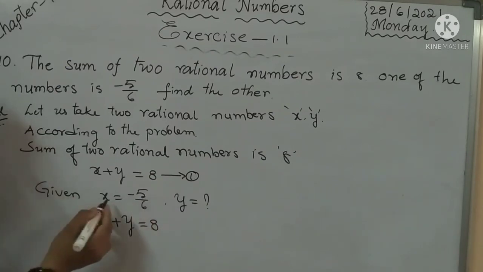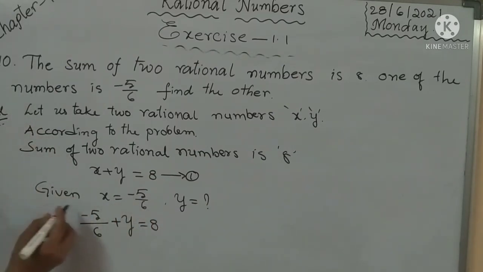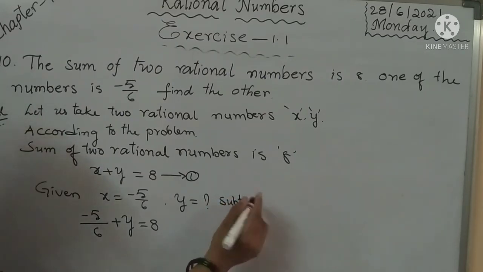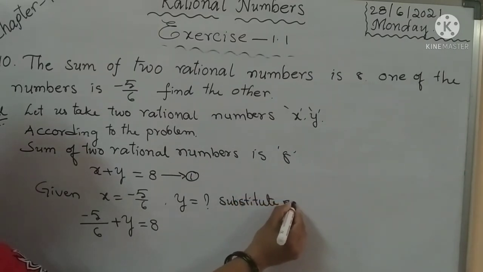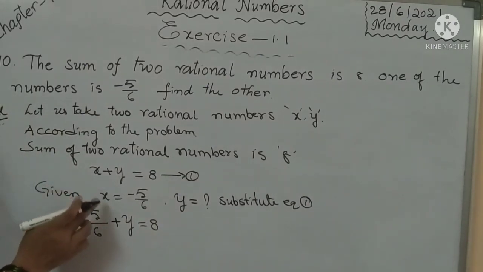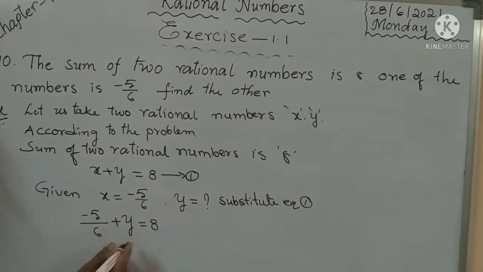Substitute x value in equation 1. So minus 5 by 6 plus y is equal to 8. So y is equal to, negative quantity becomes positive quantity, 8 plus 5 by 6.